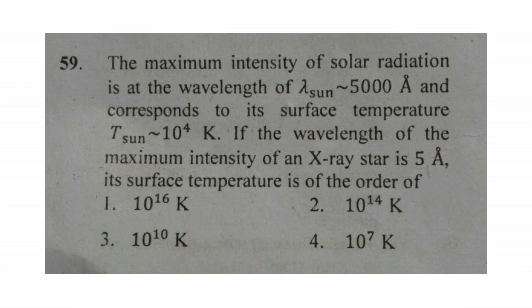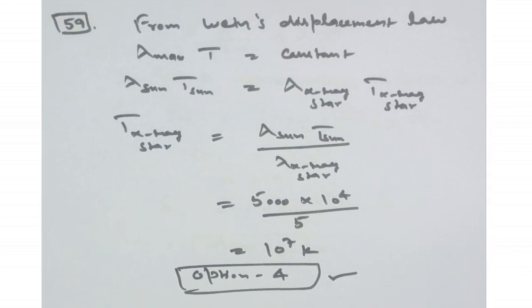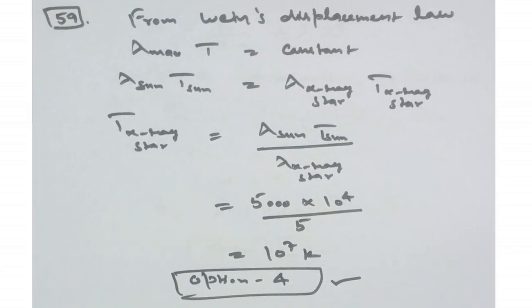Now the next question is: the maximum intensity of solar radiation is at the wavelength 5000 angstrom and corresponds to its surface temperature, that is 10 raised to power 4 Kelvin. If the wavelength of the maximum intensity of an X-ray star is 5 angstrom, its surface temperature is of the order of. So now from Wien's displacement law, lambda T equal to constant.